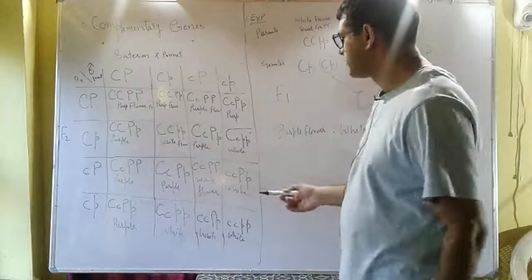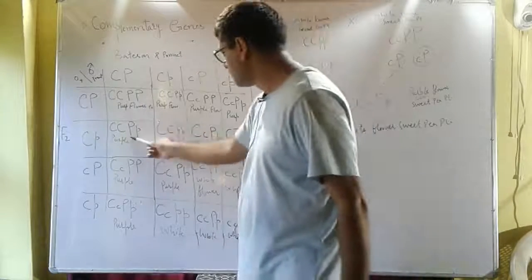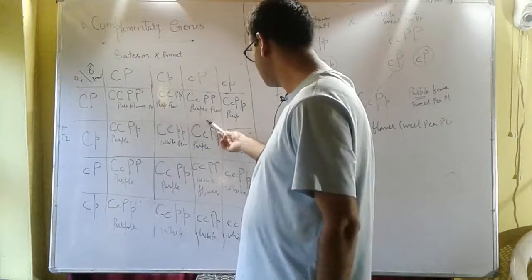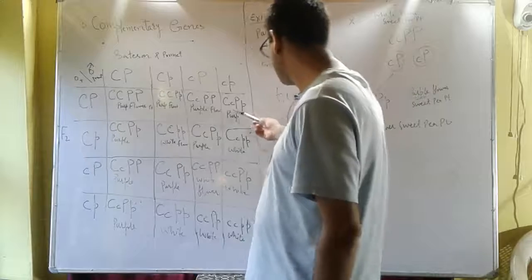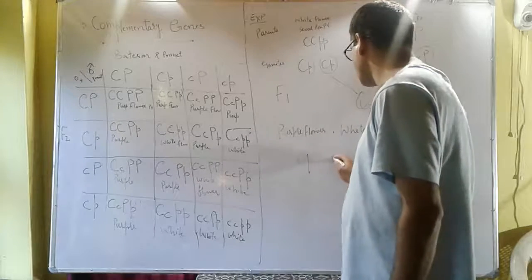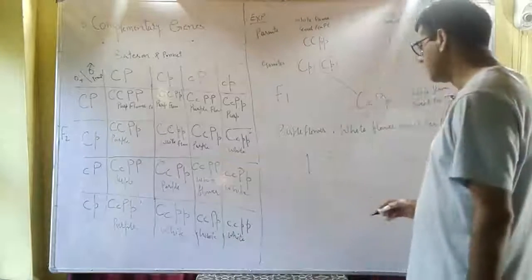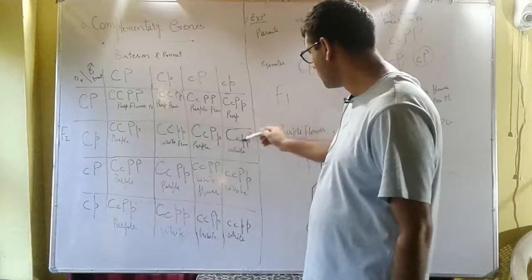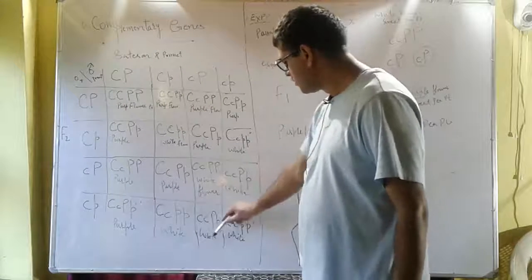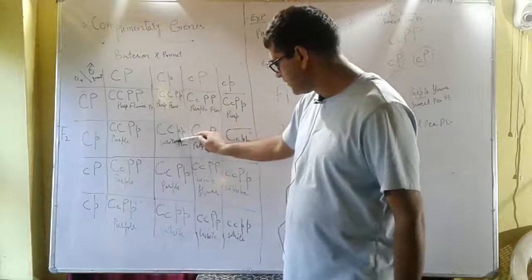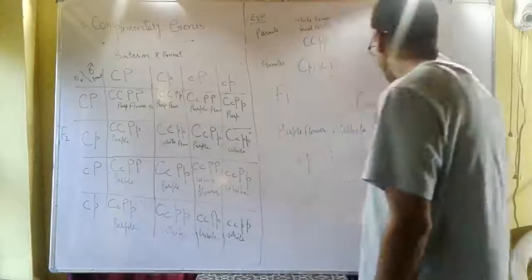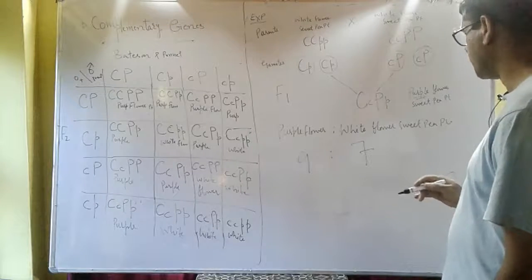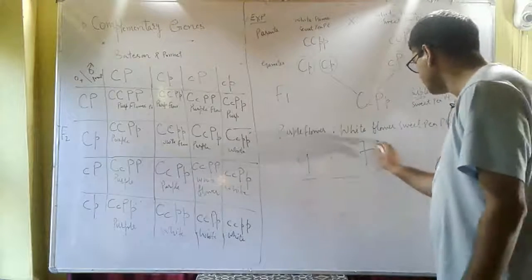How many purple flower sweet pea plants do we have? This is 1, 2, 3, 4, 5, 6, 7, 8, and 9. We have 9 purple flower sweet pea plants and 7 white flower sweet pea plants. We have 1, 2, 3, 4, 5, 6, 7. So the ratio is 9:7.